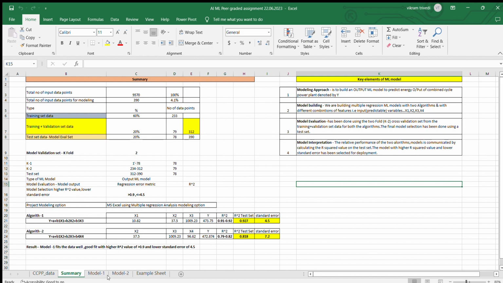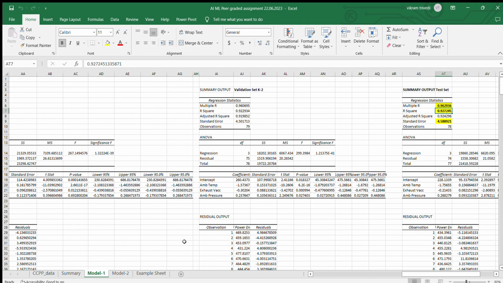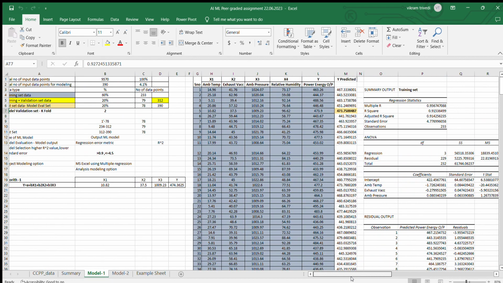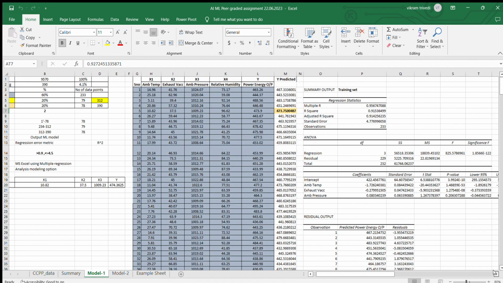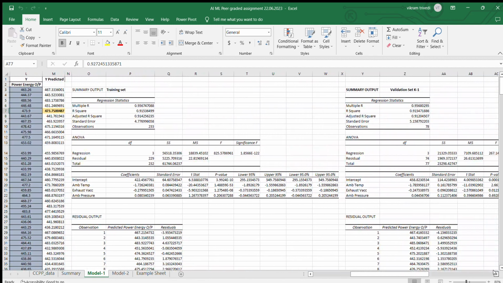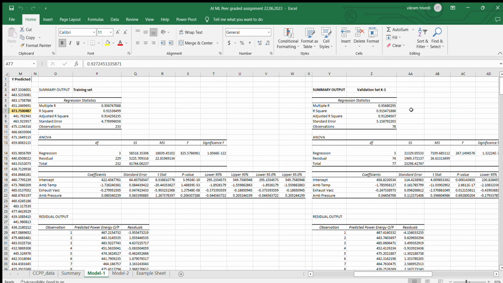So let's look at both the models and how they have performed. This is the working for model number 1, algorithm 1, for the training data set. It gave us an R square value of 0.91 and a standard error of 4.7 for the training set. For the validation set with k-fold 1, more or less the same.